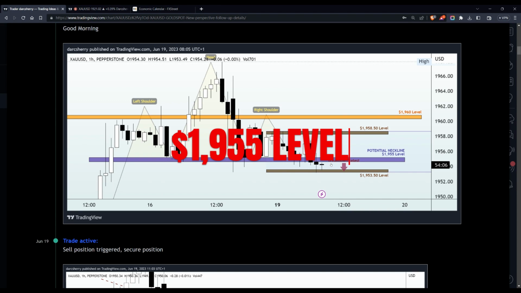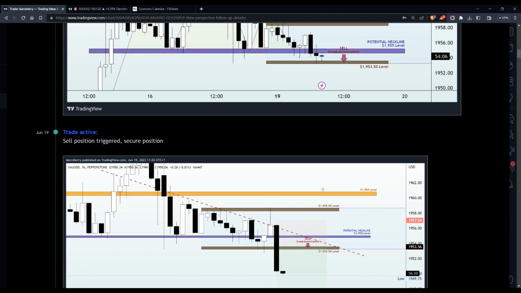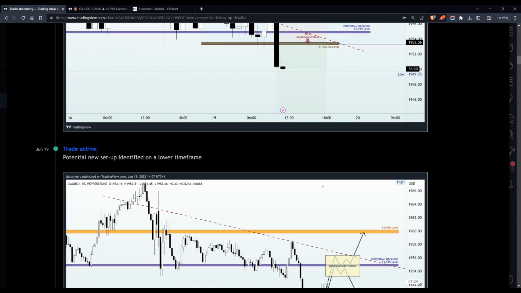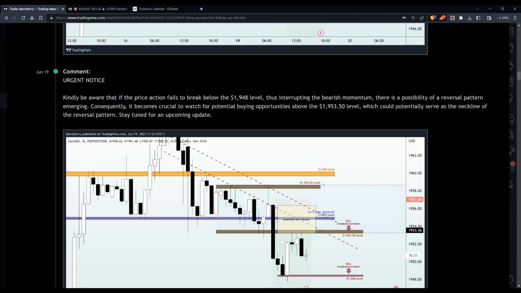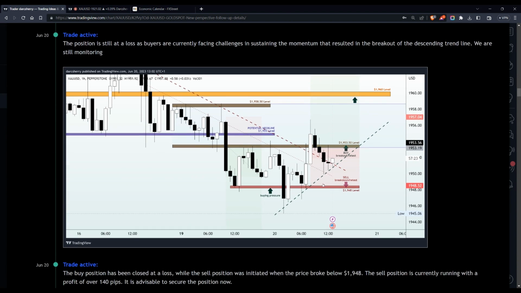So we were anticipating a breakdown and retest of the structure to give us the opportunity we were looking forward to, to sell XAUUSD. And as you can see what happened here, price action broke down that structure, giving us our first sell position. In fact, we were able to maximize the momentum here by riding the move all the way to the downside, adding more positions at the breakdown of key structures.